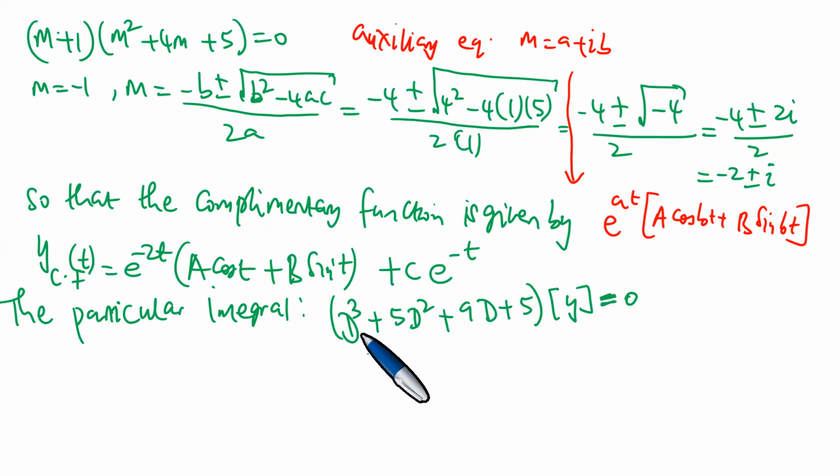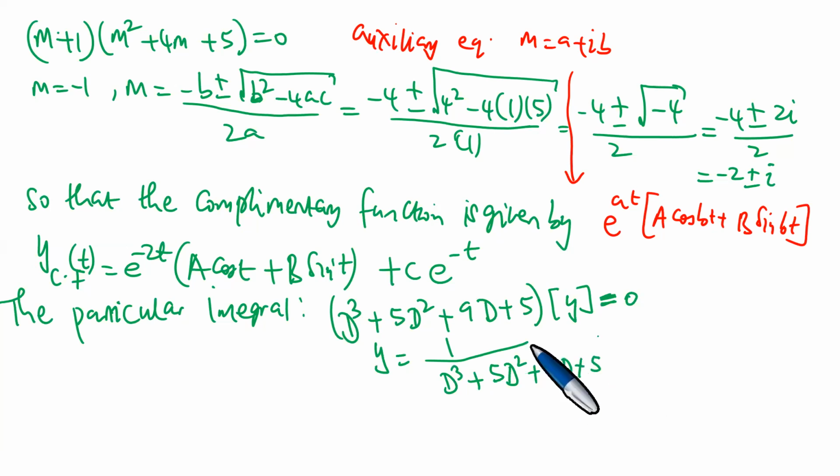Okay, so for the particular integral, what you do? You get y and then you divide by d cubed plus 5d squared plus 9d plus 5. Then you have 0, like this.